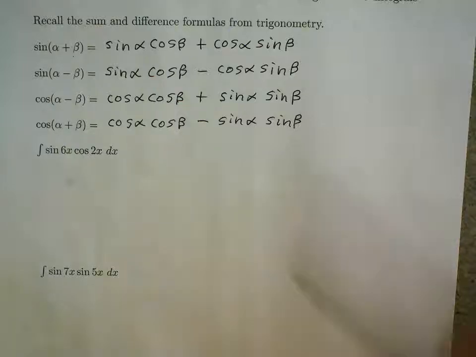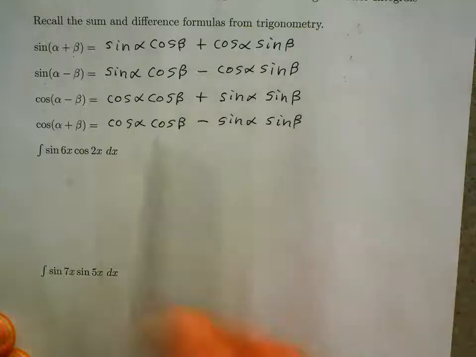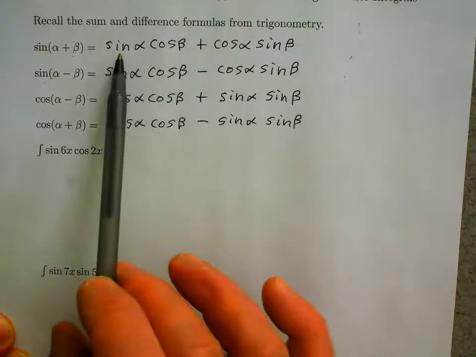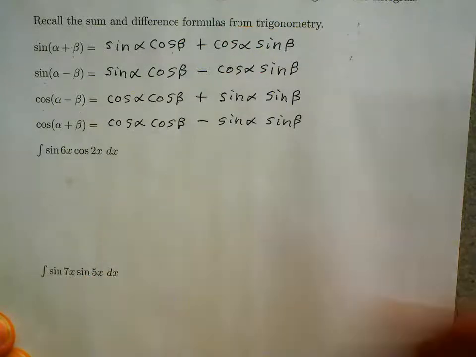So we go up here and we look for terms that have sine of alpha times cosine of beta. And we see in the top two identities, well, that's what we have for each of those terms. We have a product of sine of alpha and cosine of beta, or sine of beta times cosine of alpha.